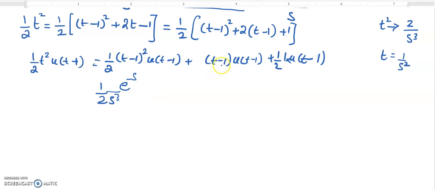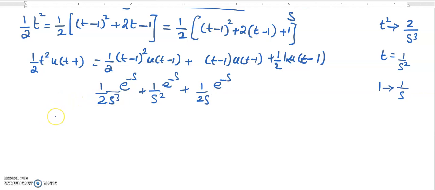For the next term, t minus 1, so for t it is 1 over s squared, plus 1 over s squared, and then it will be e power minus s. And the last term is only 1 over here. For example, for 1 the Laplace transform is 1 over s, so it is 1 over 2 because 1 over 2 is from here, then it will be e power minus s.